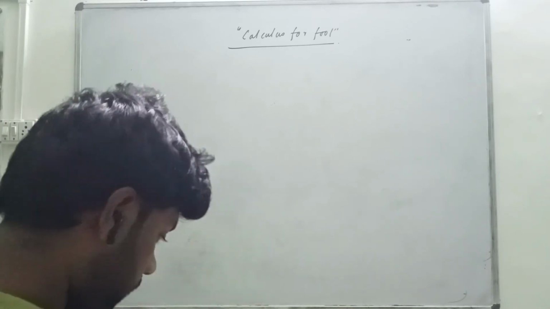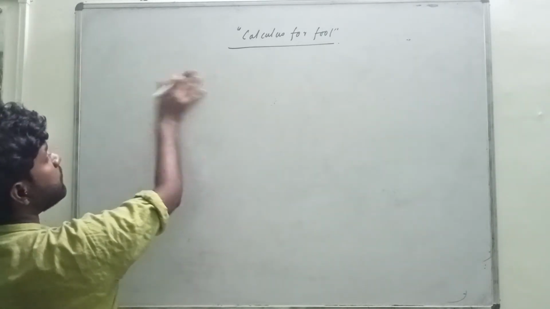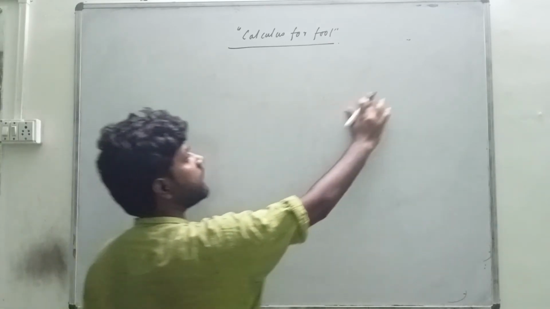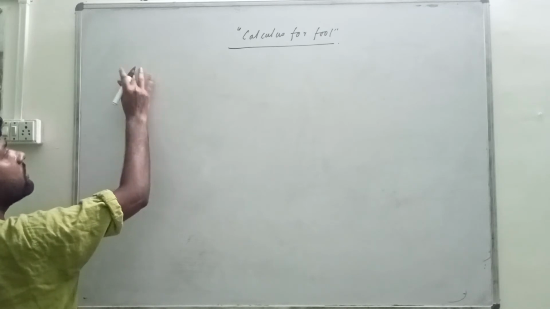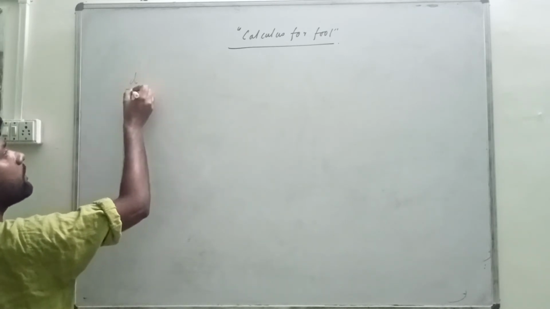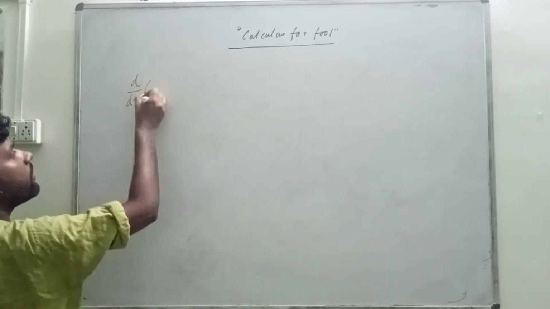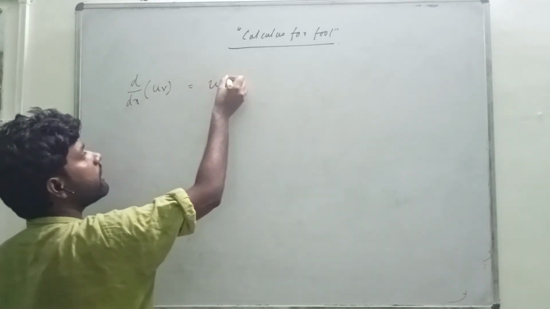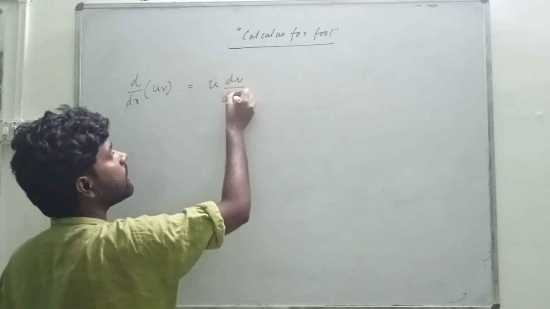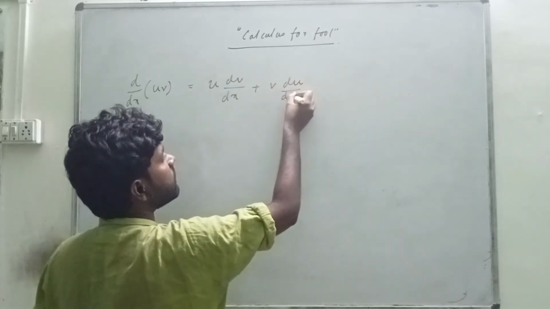Recalling the second part of our lectures, I had introduced the product formula of dy over dx, and that was d over dx of uv, and it goes u dv over dx plus v du over dx, right?